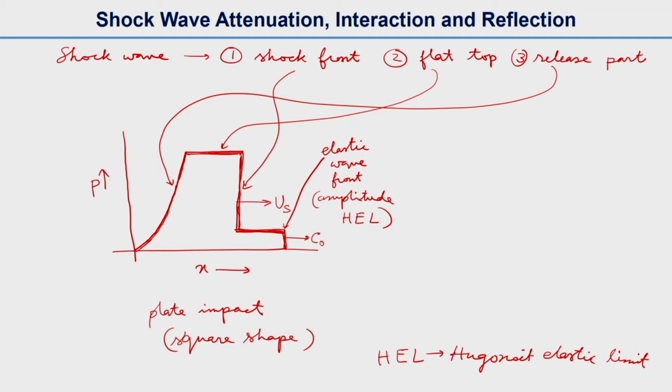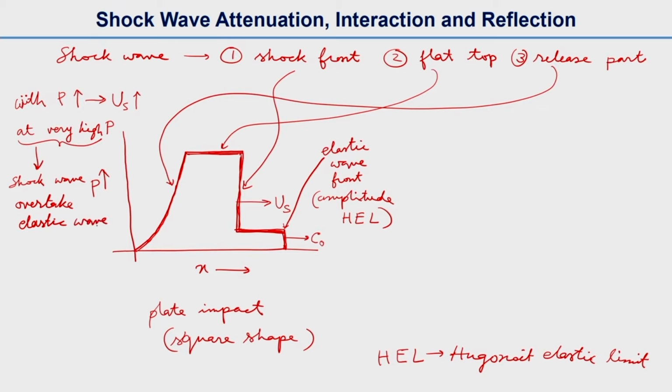So, with pressure, I will write it here. With pressure increase, the shock wave speed also will increase. So at very high pressure P, the shock wave may overtake the elastic wave.